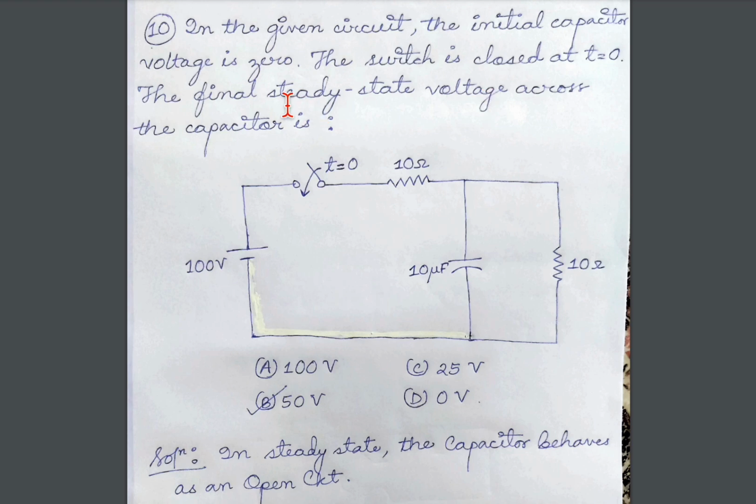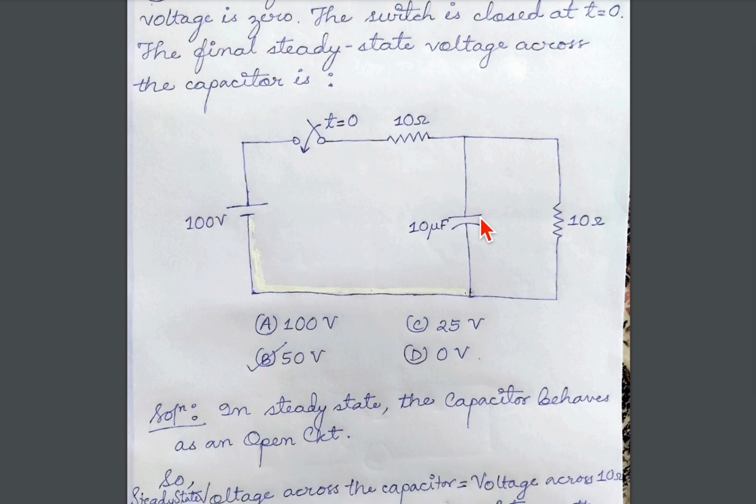And in this question, we have been asked for the steady state voltage. So in steady state, the voltage across the capacitor will get fixed. What will happen in steady state? The capacitor will no longer allow current to pass through it, and it will behave as an open circuit.